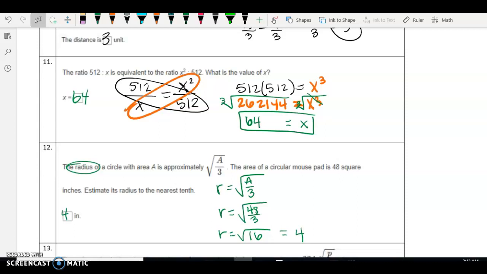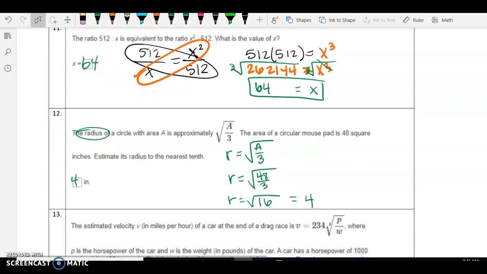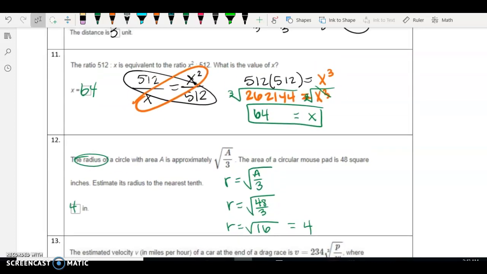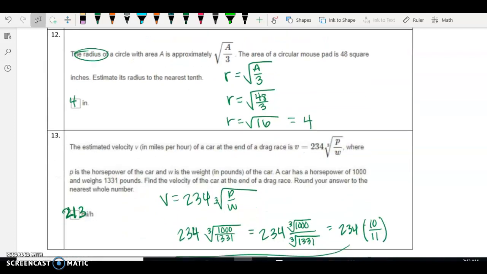And so 512 times 512 gives us 262,144, and that equals x cubed. And then we take the cubed root of both sides and we get x equals 64. So that's kind of combining a bunch of stuff that we've already learned.